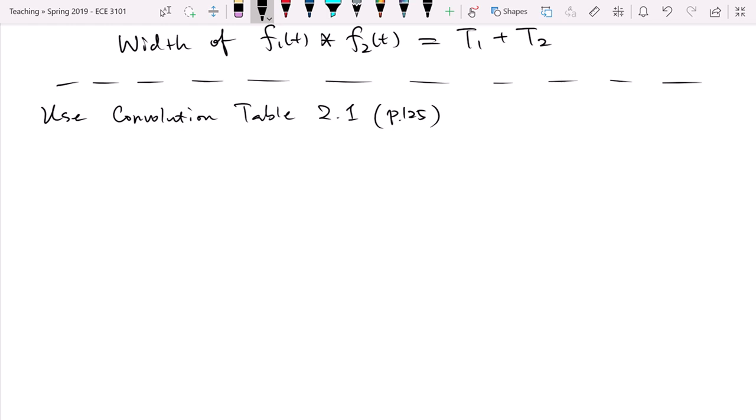It lists a number of pairs of f1, f2 that we'll put into the convolution integral, and it gives you the result. We're going to use the convolution table in this class whenever I ask you to calculate a convolution integral. So make sure you can use the table properly, in class examples, in your homework, and in the exam as well.